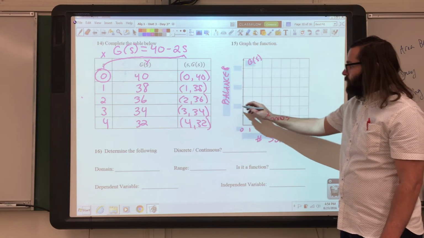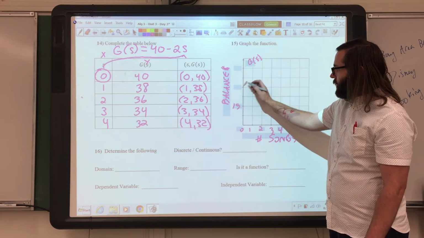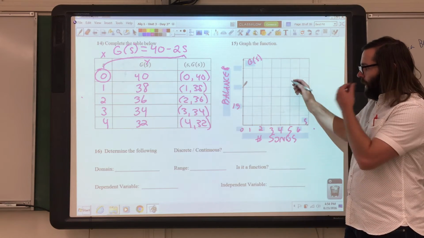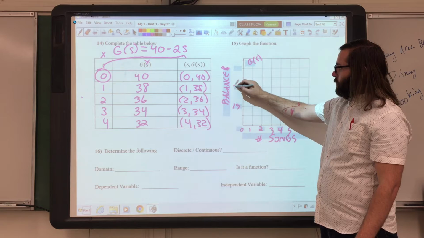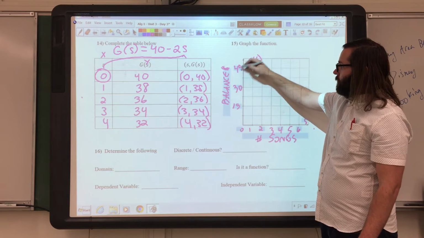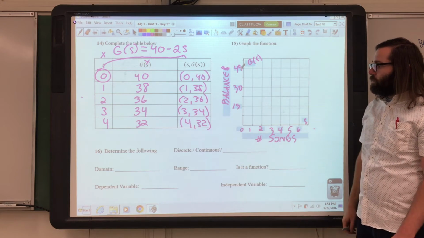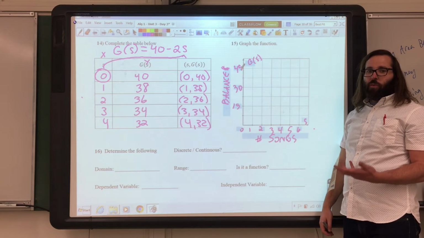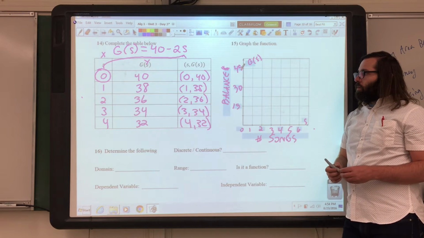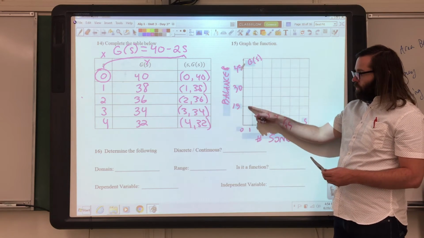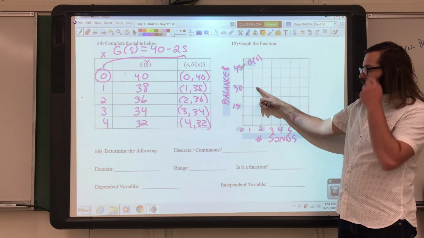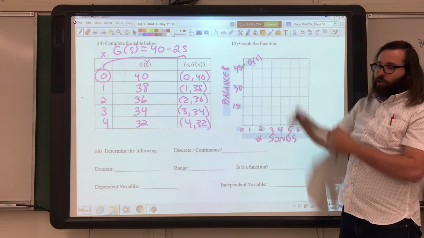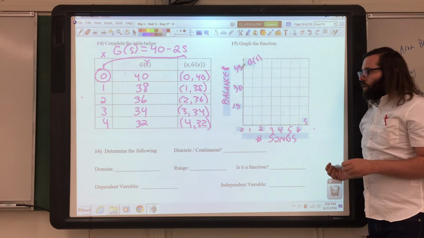Okay? So every 2 is 15. You could do that. So we got 30 here, 45 there. You just have to find an interval that works. So if you wanted to go 10, 20, 30, 40, you could do that. That'd be fine. If you want to go by 4s, you'd have to stretch it out. Just whatever works.